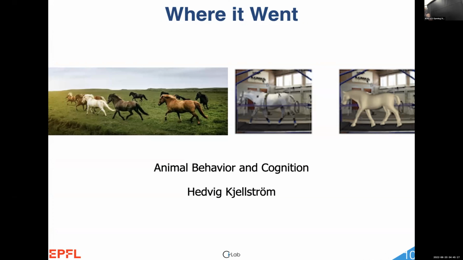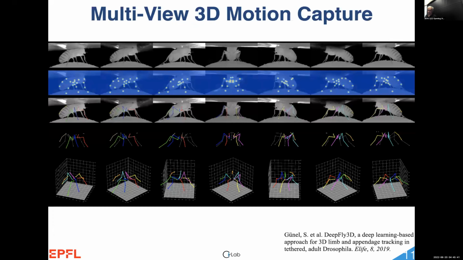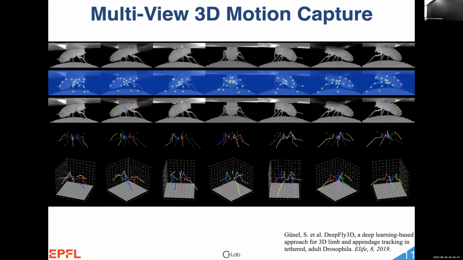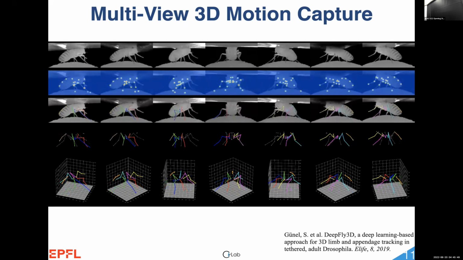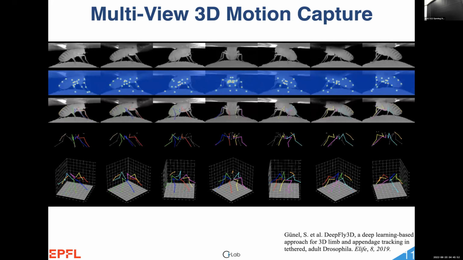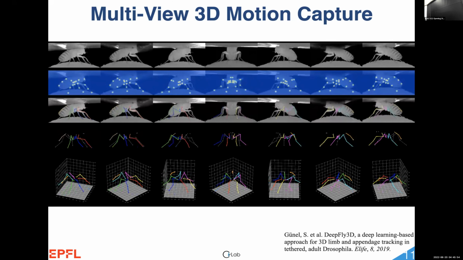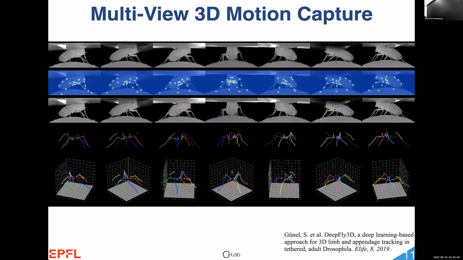But, well, horses are fun. They're big. And flies are kind of smaller. So the techniques we're going to use are not going to be that different, but they have to be adapted. So in the lab at EPFL, what we have is a setup with 7 cameras in which you see the fly behaving from different angles.